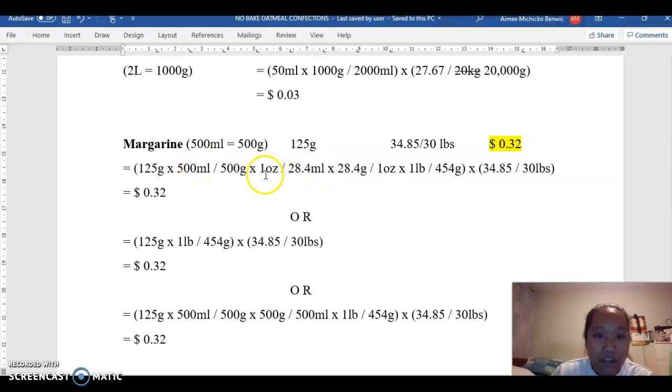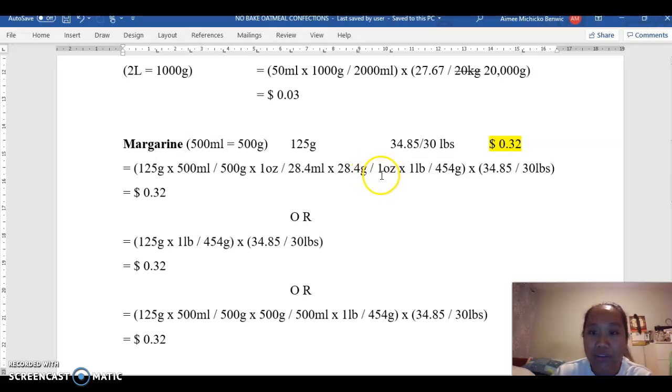We are left with ounces, but again we cannot move forward because we're looking for pounds. As we know, in 1 ounce there are 28.4 grams. So we cancel ounces, and that leaves us grams.